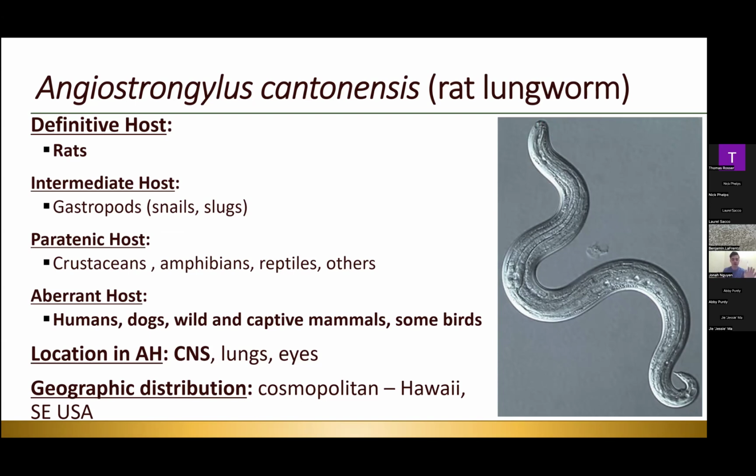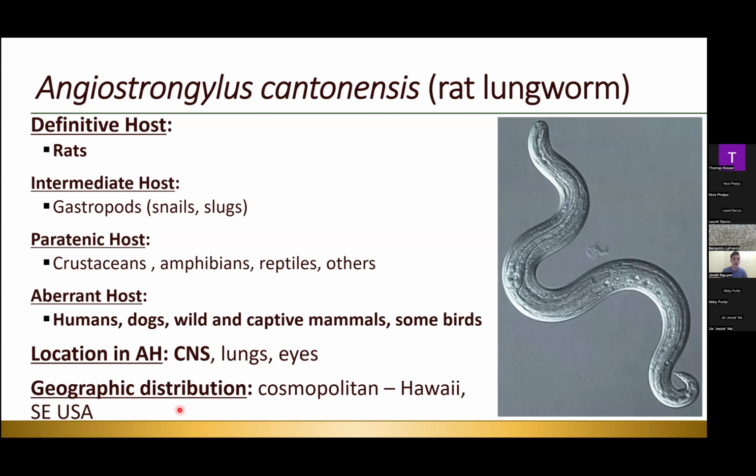Paratenic hosts don't have that many clinical signs, don't have that many issues, but when it gets in something other than a rat, for that particular life cycle stage of the nematode, then there can be a lot of issues, and that's where my stuff comes in also. And when it's in the aberrant host, when it's inside of us, for example, it goes to the central nervous system a lot for some reason. Occasionally lungs and eyes and stuff, but central nervous system a lot in aberrant hosts. So that's the reason why it's important.